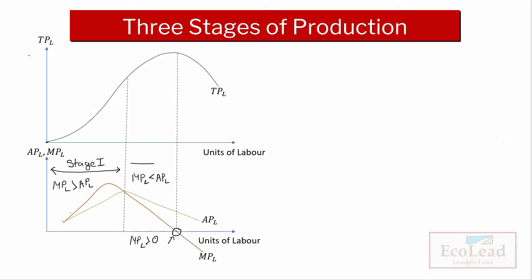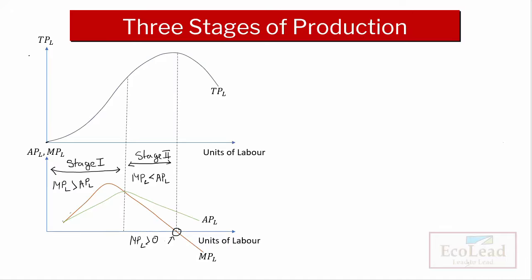This phase we call stage 2 of production. In stage 2, if we add one more unit of the variable input, the output will definitely go up. This is the feature of stage 2.